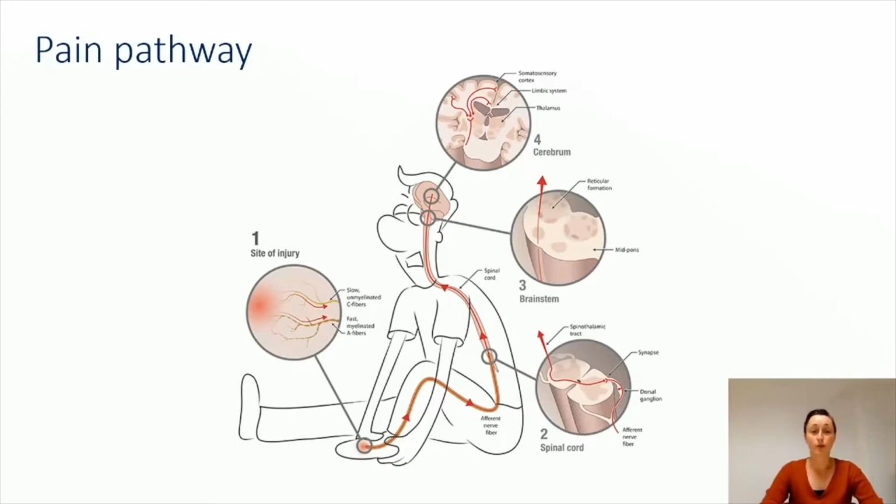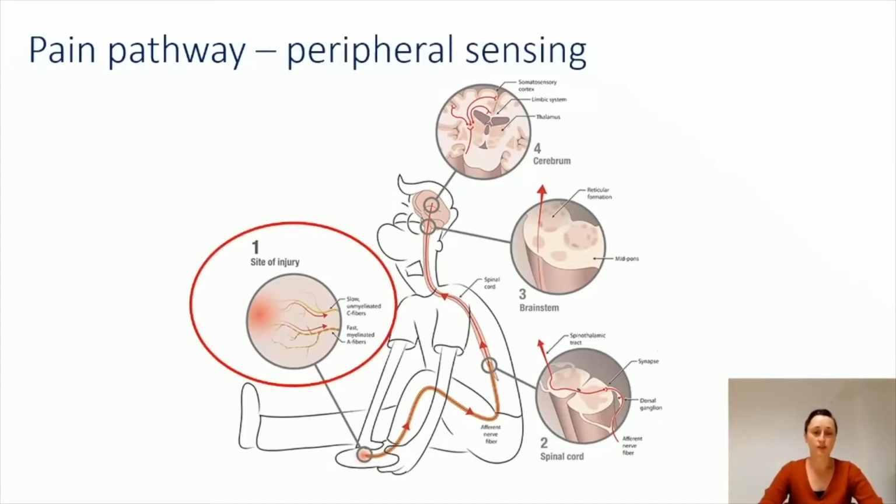The information that is sensed there will be transported through the spinal cord up to the brain, where the actual pain experience takes place. For this webinar, I will focus on the peripheral sensing, so the first relay station in the pain pathway.